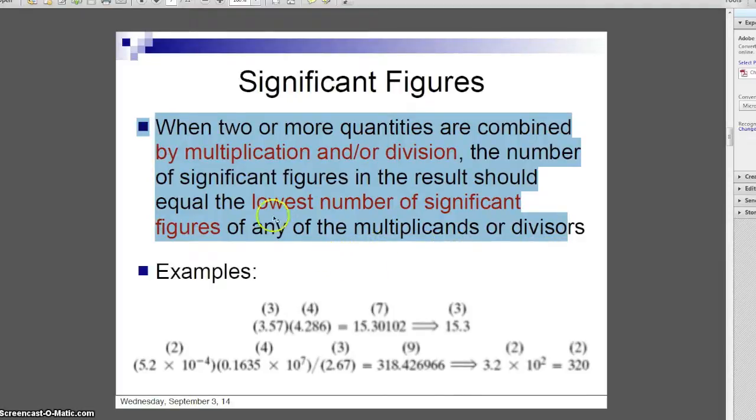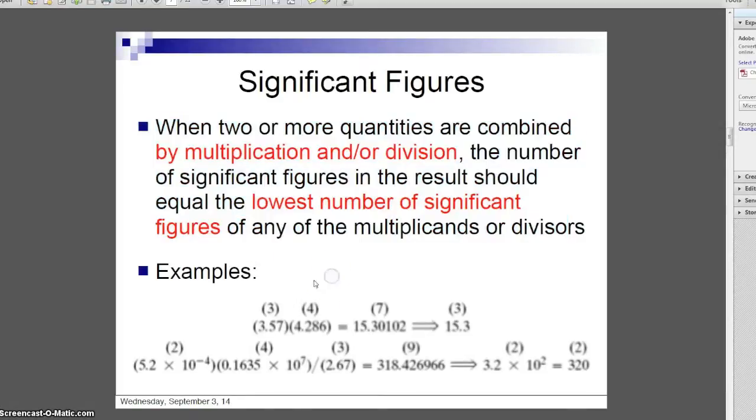So it says equal to the lowest number of significant figures, so that's the key. So let's look at the example.